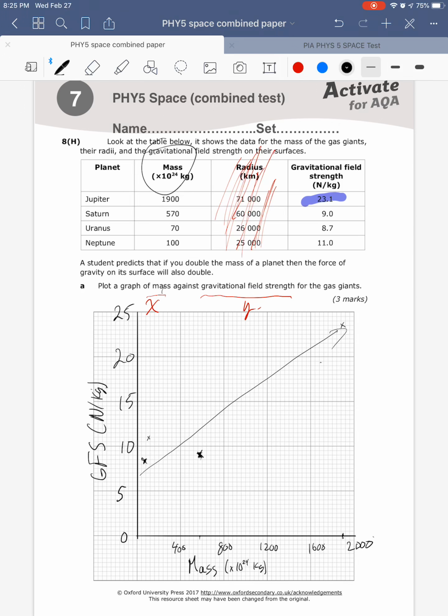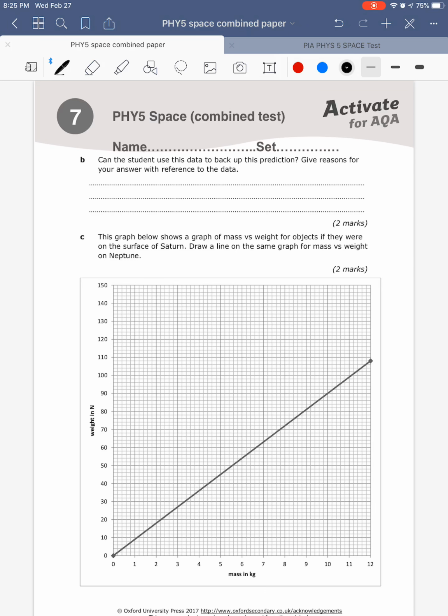We could sort of say that if you double the mass, then the force of gravity will also double, but we can just look at this and see that that's not what's happening. So, can we use this to back up the data? No, we cannot. There is an upward trend, but you can either say that Neptune doesn't seem right or Saturn is wrong.